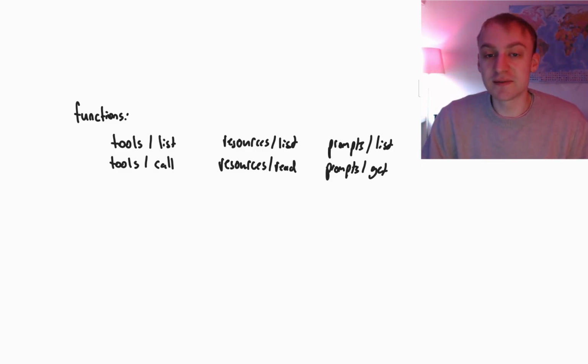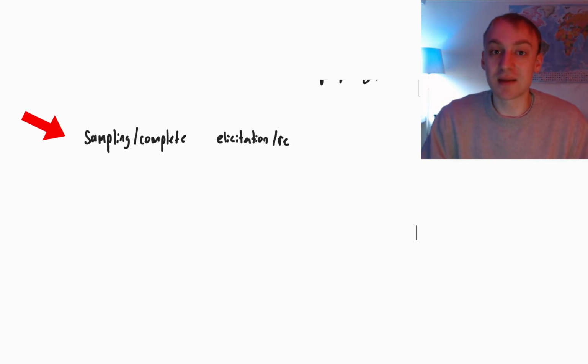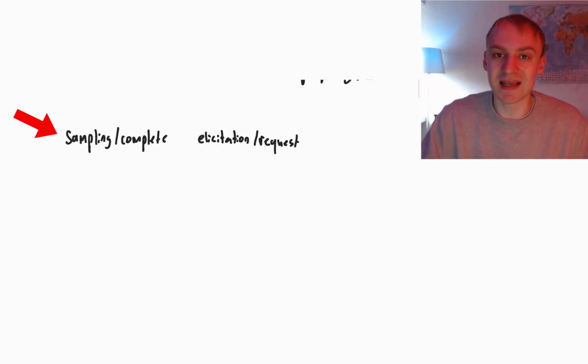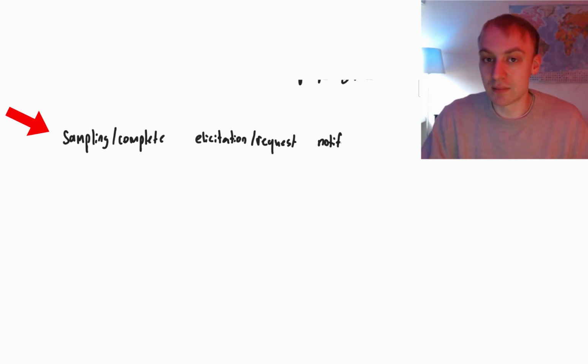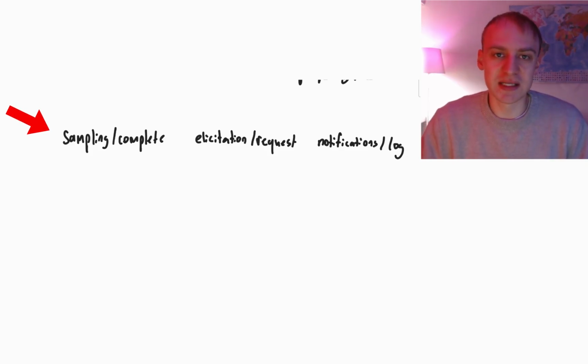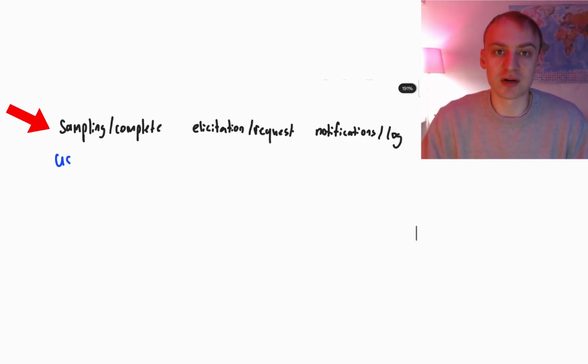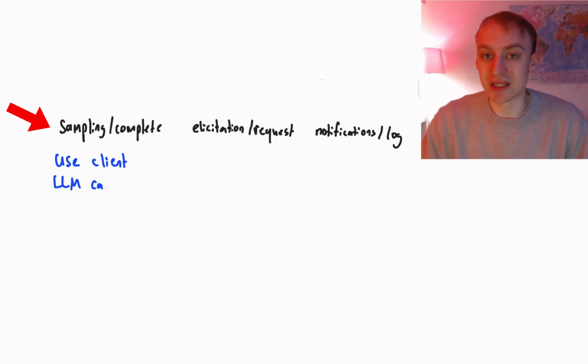There are also primitives exposed by the client that the server can access: sampling/complete, elicitation/request, and notification/log. Sampling/complete allows the MCP server to request the client's AI application, so the LLM, to generate a completion. A server can use these generation capabilities of the client's LLM without needing to integrate or pay for their own language model. Also, it keeps the server implementation model independent.